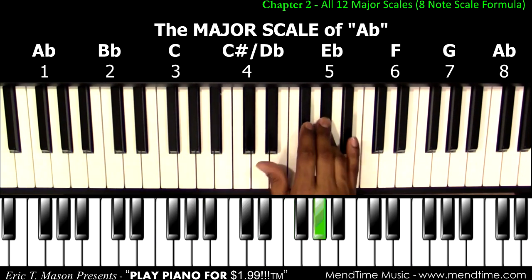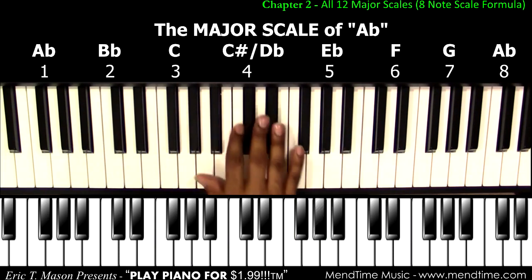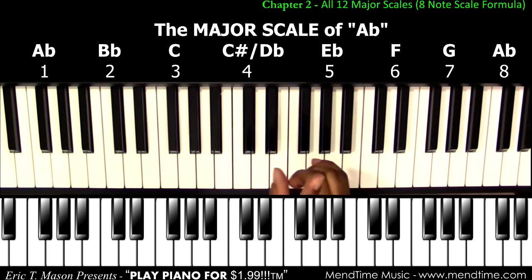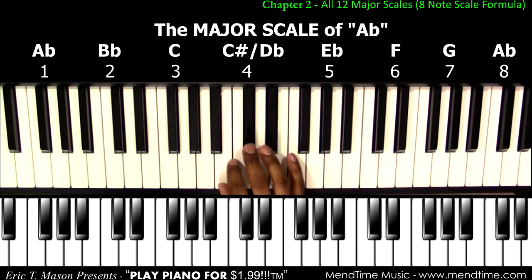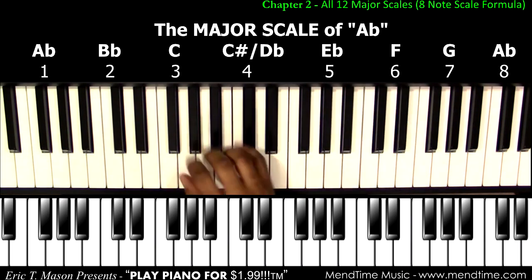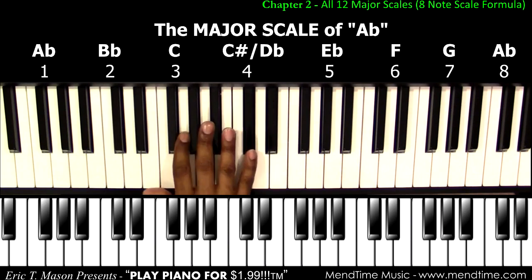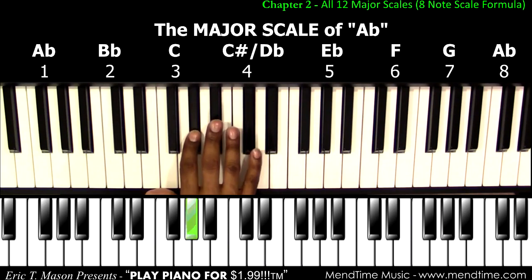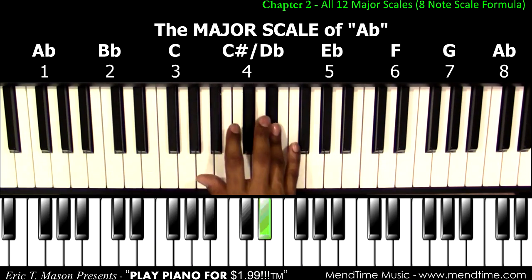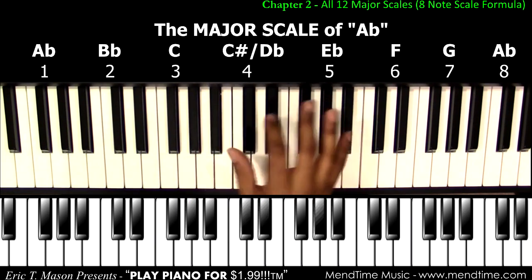G sharp, A flat. Now going forward, I'm just going to name the black notes by one name going forward, because you should know, or hopefully you've gone over this a couple times and you've studied your documentation and recognize that the black notes do have two names, but it's good to recognize them by one name or the other.